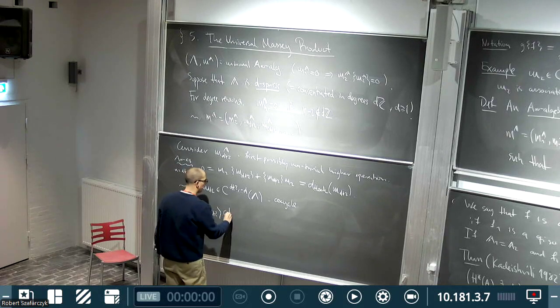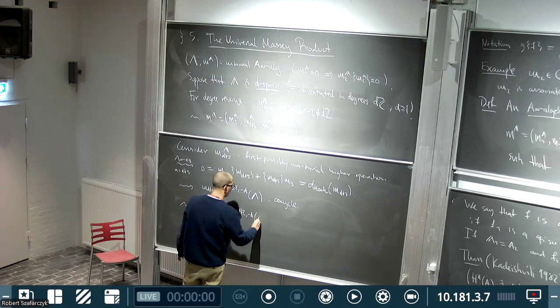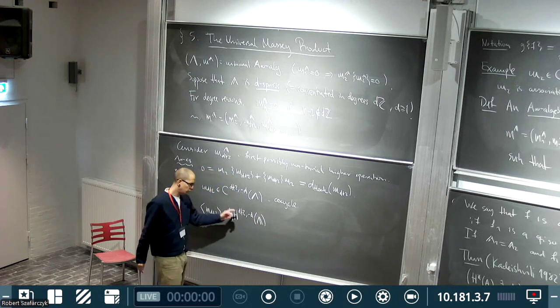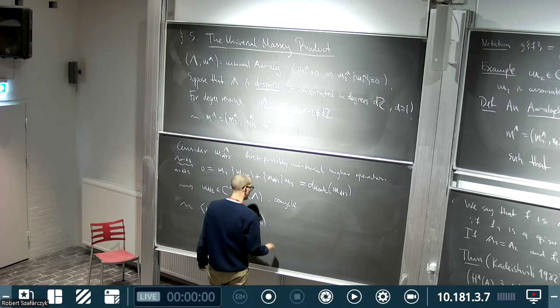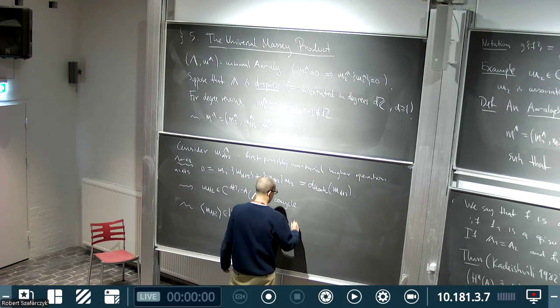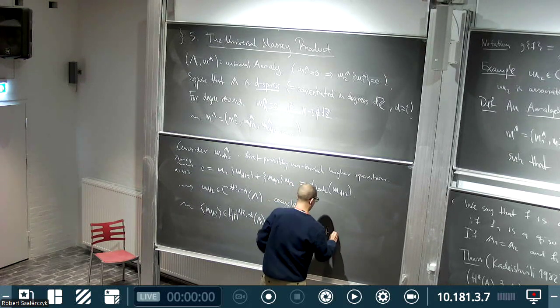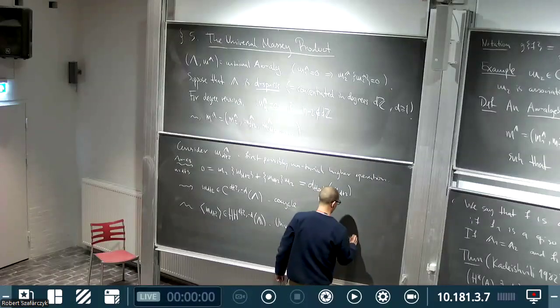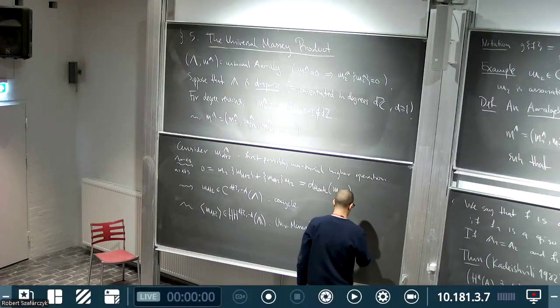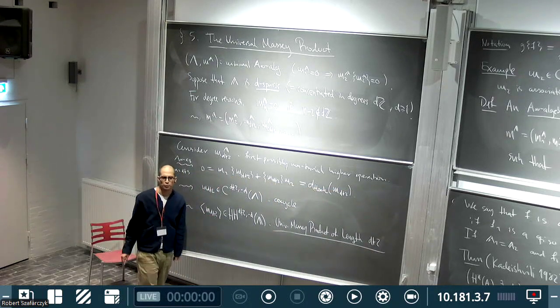I get a well-defined class in Hochschild cohomology of degree d plus 2 minus d, and this is called the universal Massey product of length d plus 2. I don't want to write the curly bracket because of course it would now be confused with the brace. Yeah?